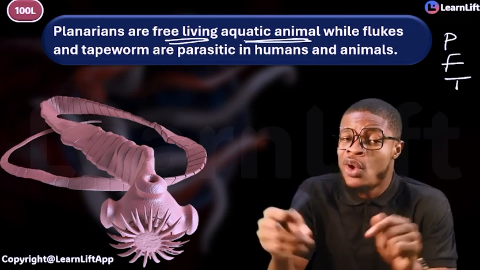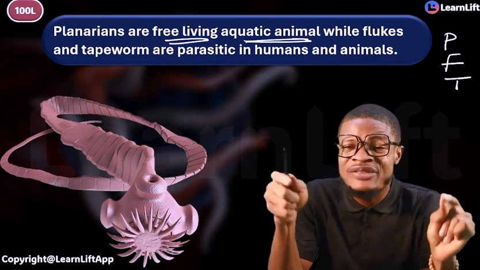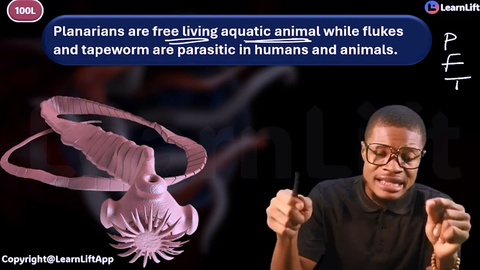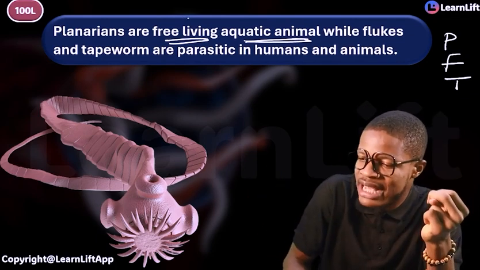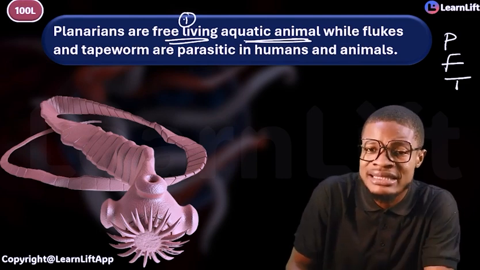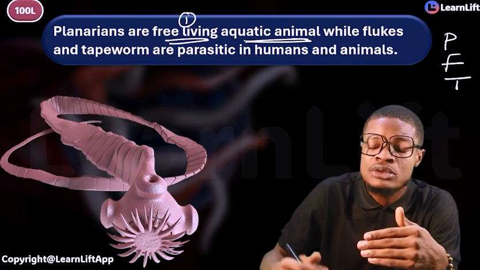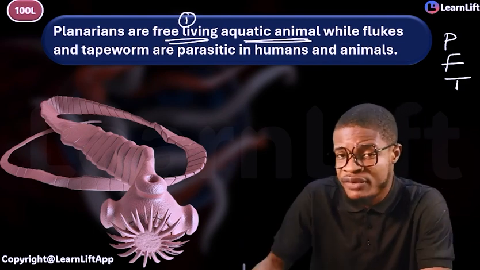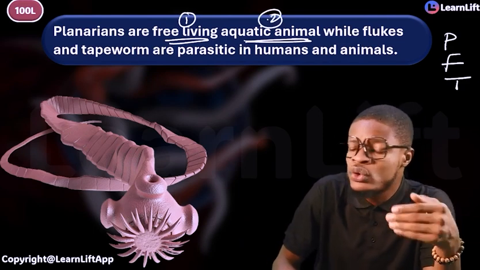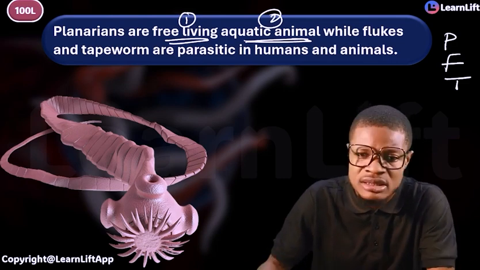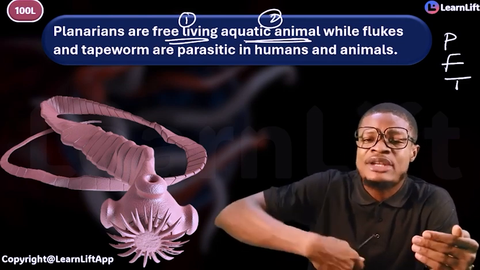Past question: which of them are free living aquatic animals? Planarias. So two things here. Number 1, planarias are free living. That means they are not parasitic, so they are not going to cause harm to anybody. Number 2, they are aquatic, so you see them in aquatic terrains. It's not that you come and see them inside the human intestine.